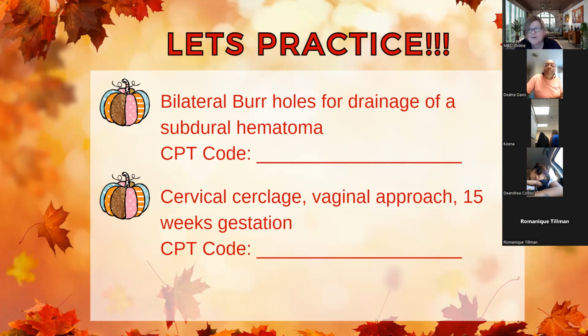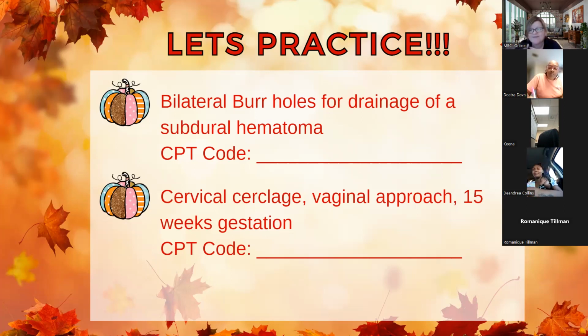For y'all that don't know, burr holes are holes that they drill in the skull for different reasons. Sometimes it's for drainage, sometimes it's for biopsy. It can be for a whole lot of different things. And this means that they did it on both sides.